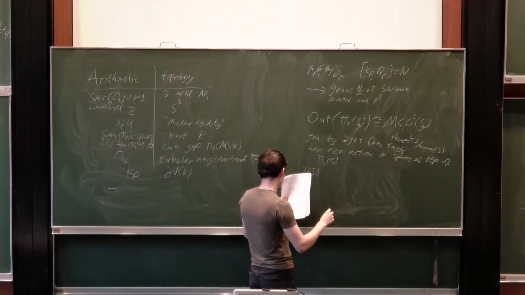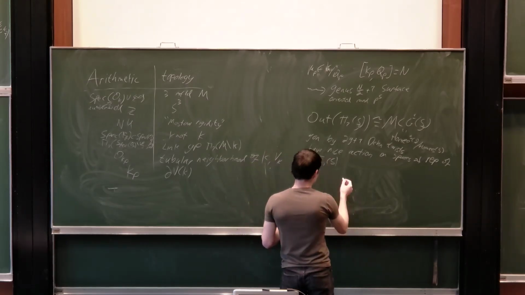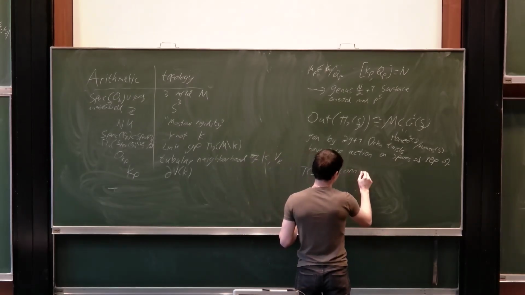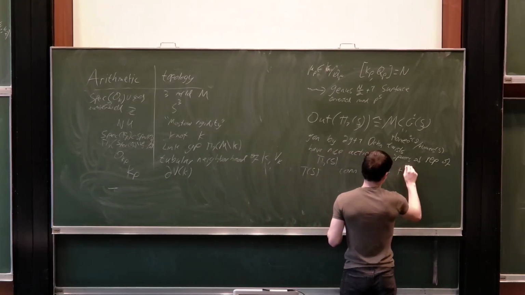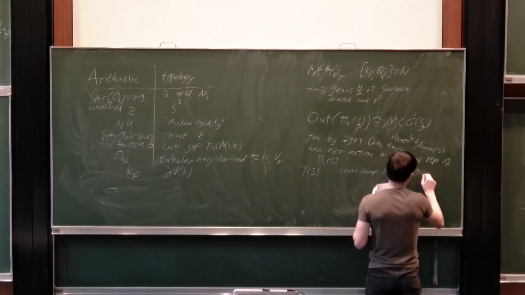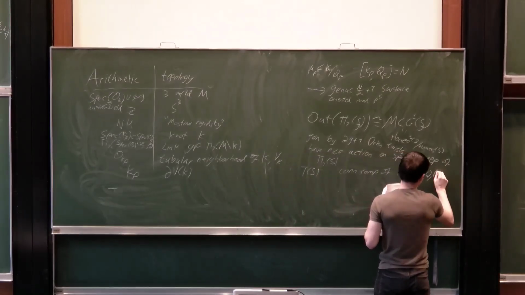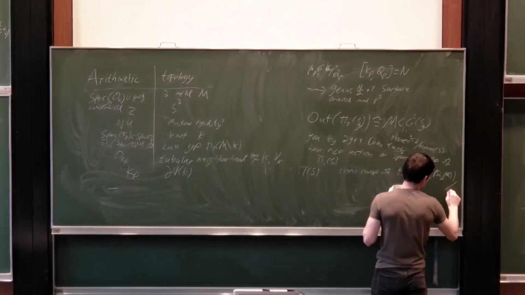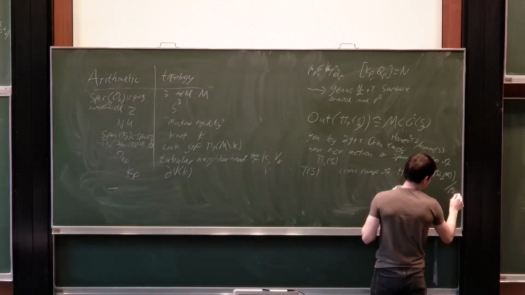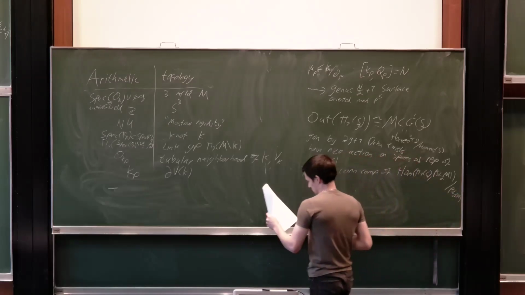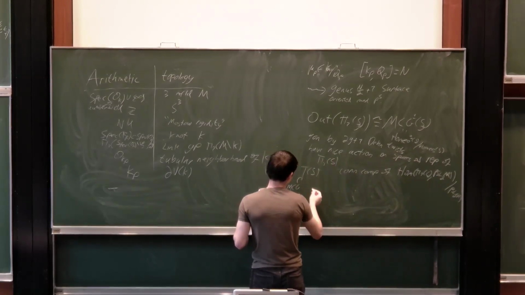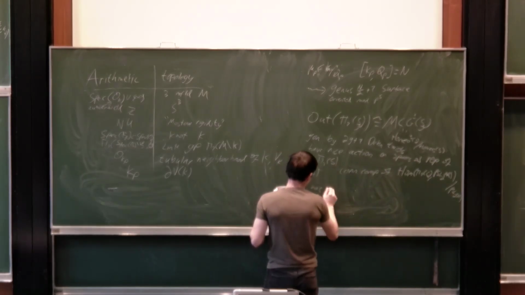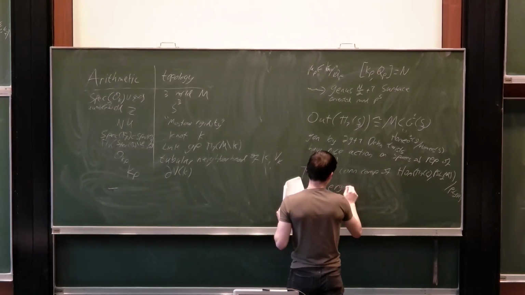And this thing is the same as the connected component of homomorphisms from π1 of S to PSL_2(R) modulo conjugation by PSL_2(R). And so the mapping class group acts on it and has an ergodic mixing action.